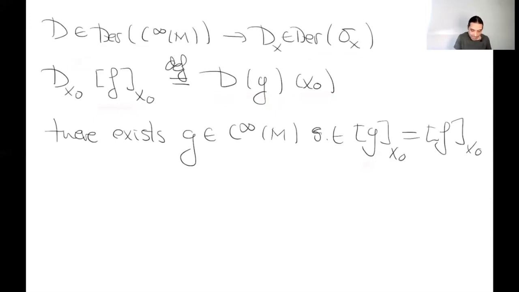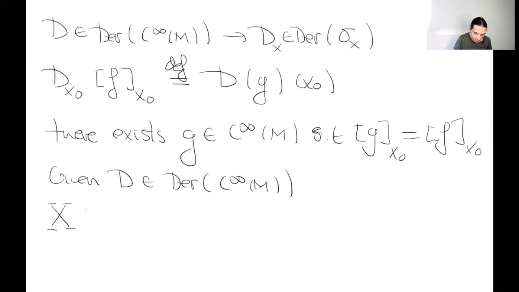So we get this. But in particular now, we have that given D, a derivation, we can define now a vector field, because if we consider now a point x0, this construction gives us a derivation of the space of germs at x0. And this space of germs has been identified during this lecture with the tangent space of M at x0.